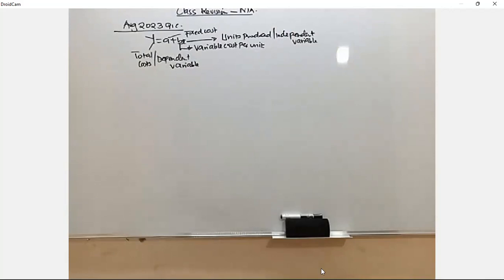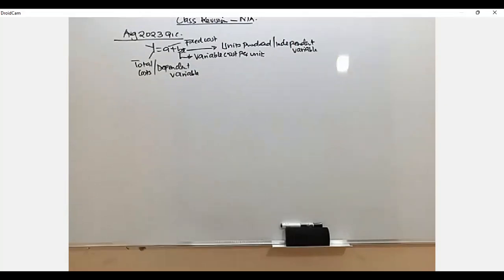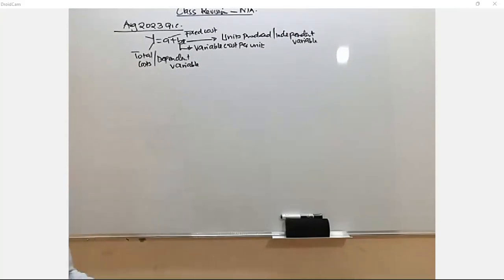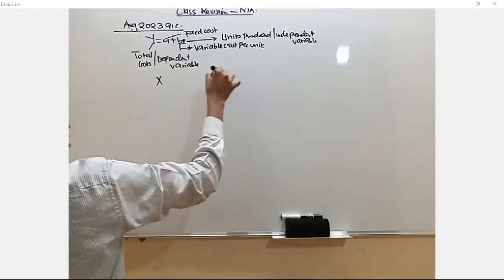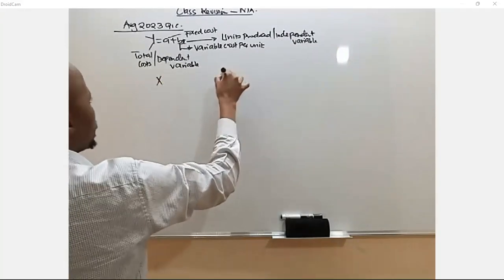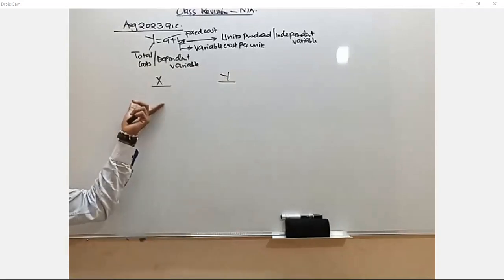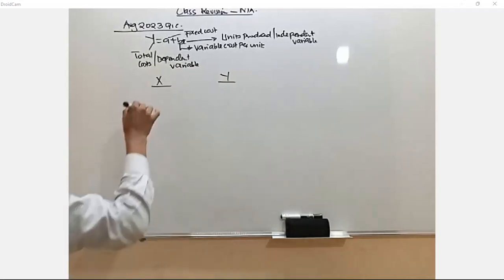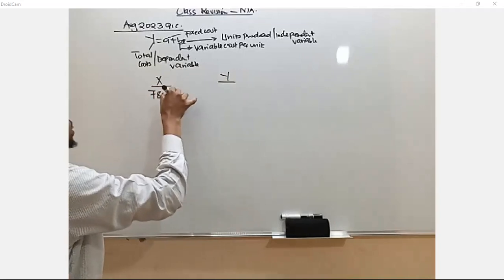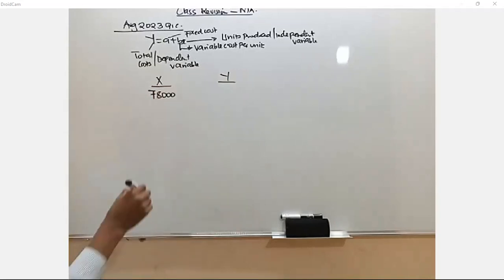For example, with the electricity expense, the more electricity, or the longer the period we run, the more time the machine will run. So it means our X should be the machine hours. In this case, I just need to put here 70,000. The other one we are talking about is 70,000.